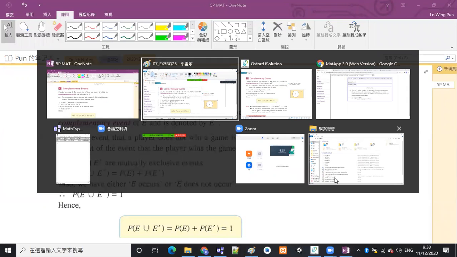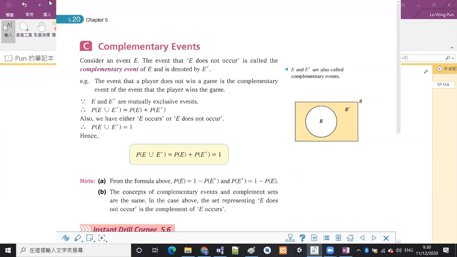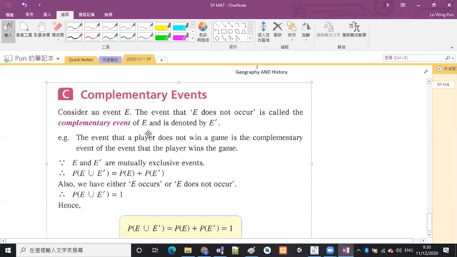The textbook is which page? Page is page 5.20. Okay, 5.20.